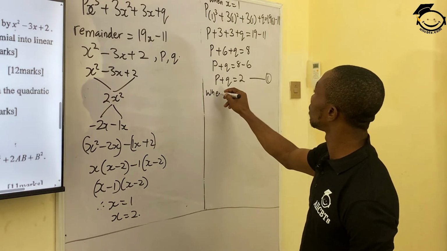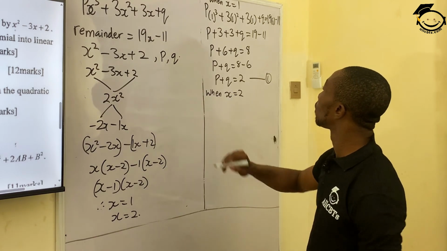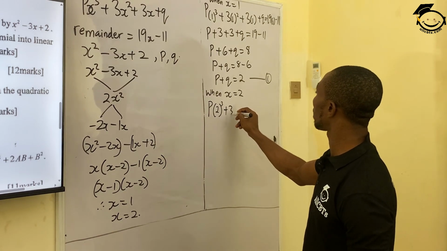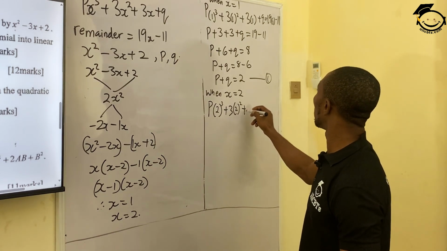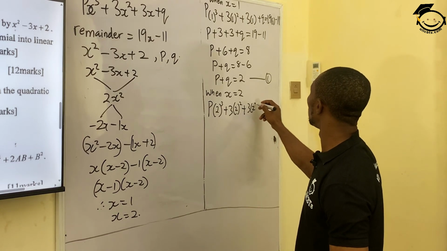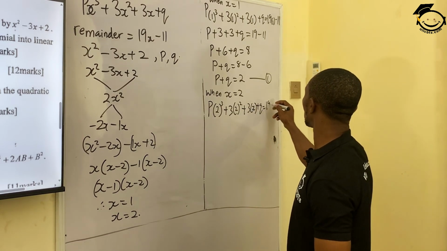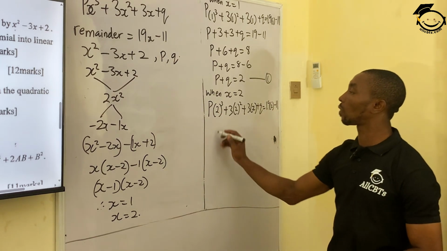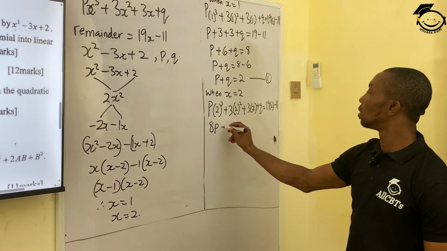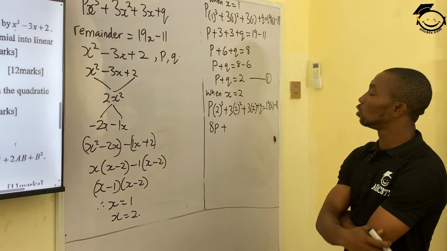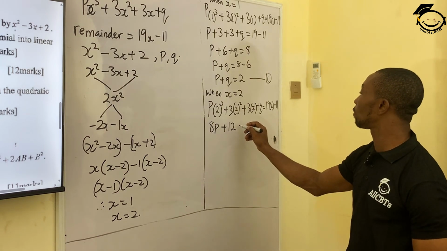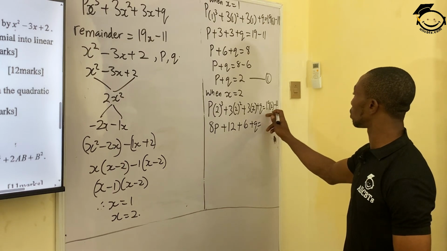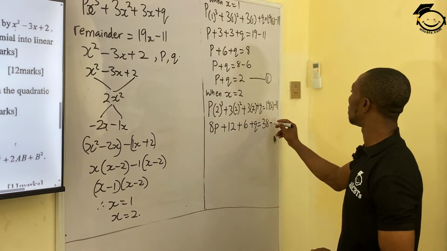So when x equals 2, we have p bracket 2 cube plus 3 bracket 2 square plus 3 bracket 2 plus q equals 19 bracket 2 minus 11. Now this will become 2 raised to power 3 will give us 8p plus 2 raised to power 2 is 4, 4 times 3 will give us 12, plus 2 times 3 will give us 6, plus q equals 19 times 2 will give us 38 minus 11.